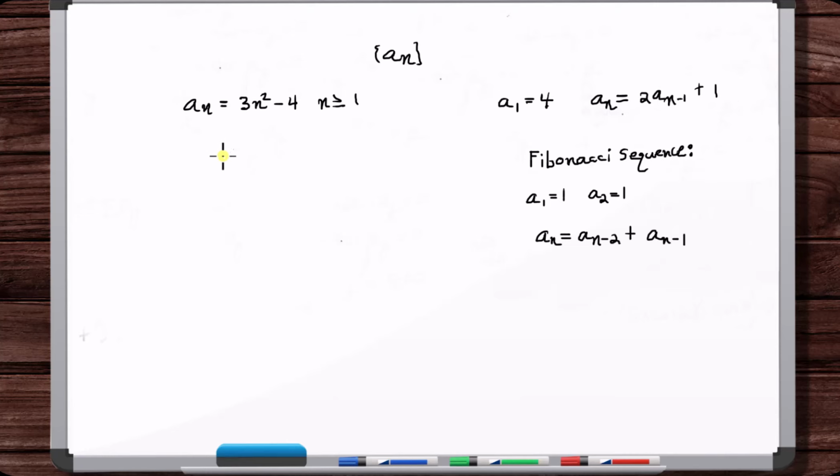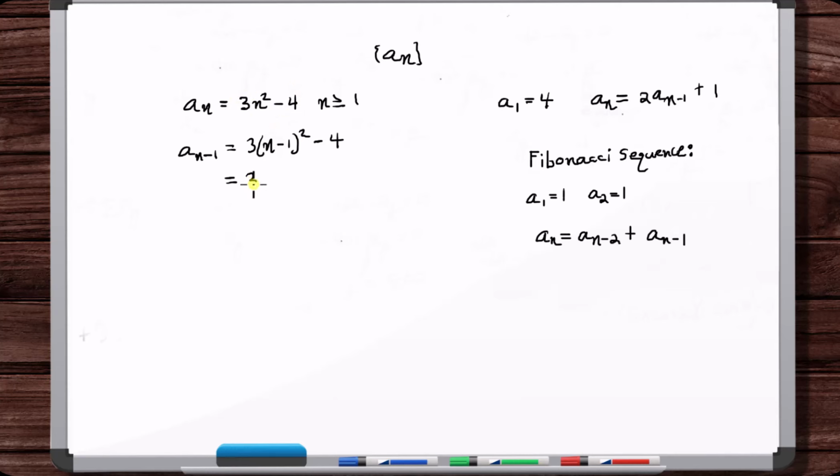But just to show you real quick, let's convert this to a recursive formula. So this is a sub n. So we say a sub n minus 1. Now just substitute n minus 1 for n. Okay, so now what you want to do is expand this out and then try to separate a sub n from what you expand.